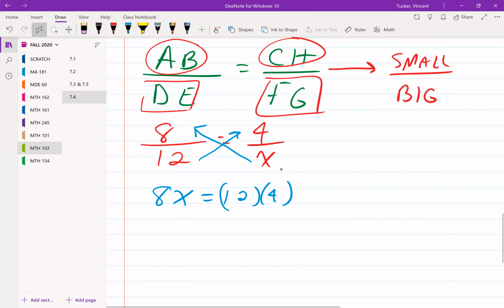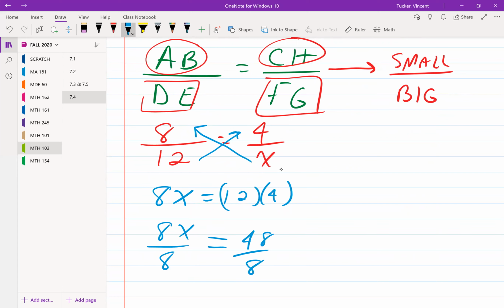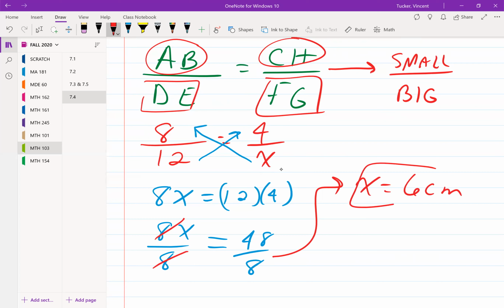Now I can solve by dividing both sides by 8. You always divide by whatever number is sitting in front of your variable if you're trying to solve for your variable. And then 48 divided by 8 will be 6. So that's the answer. The height of the larger triangle would be 6.